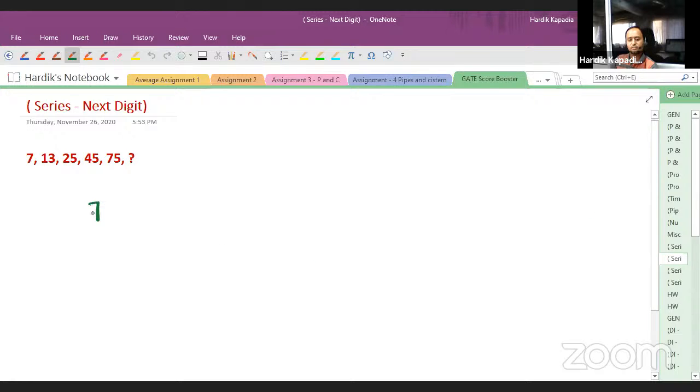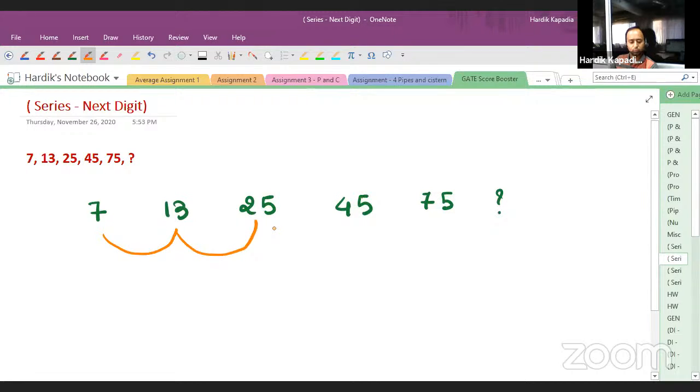This is a pretty simple series: 7, 13, 25, 45, 75, and question mark. Very good, Pramanik, Pranav, Sahishnavi, Huzefa, very nice. Supriya, Rajashekar, very good.